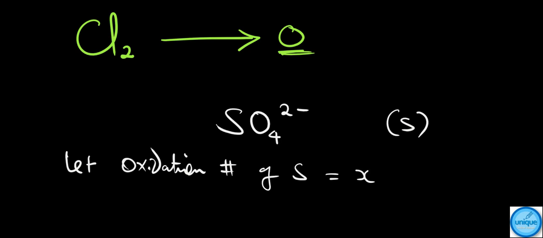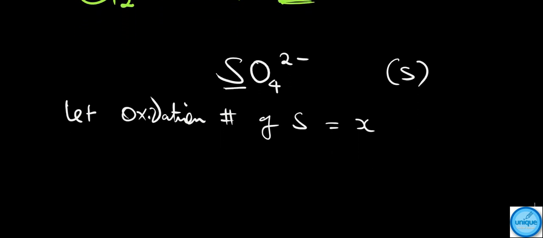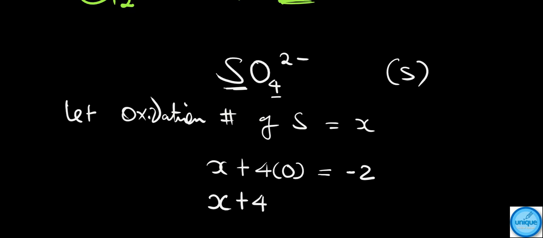You see, above we have 1 x, so we just write x, then plus oxygen, there are 4, so just put 4, then is equal to -2. Sorry, -2. Then we're going to have x, then plus 4 there.